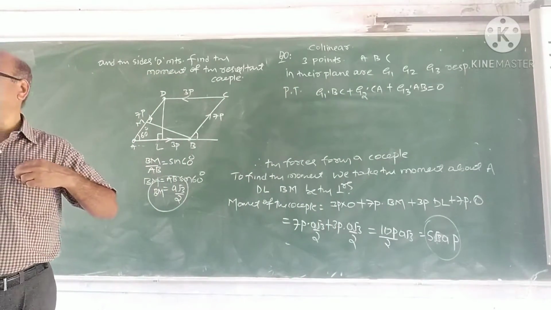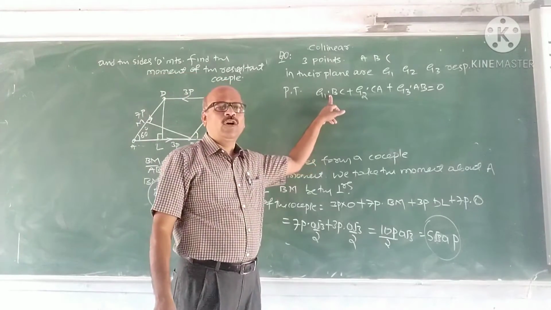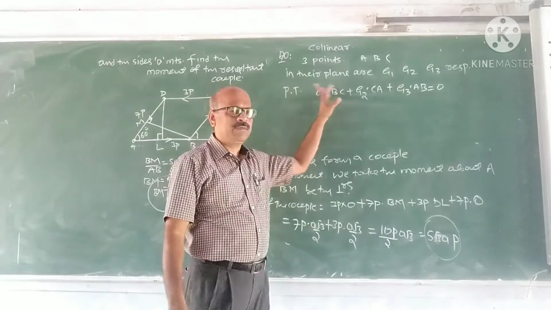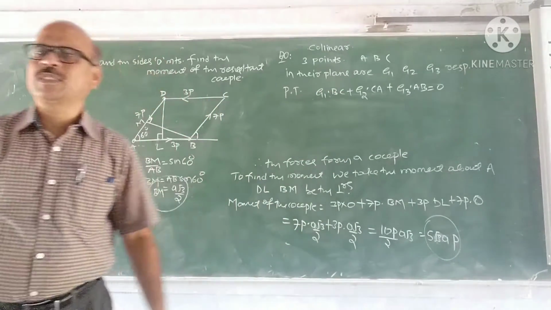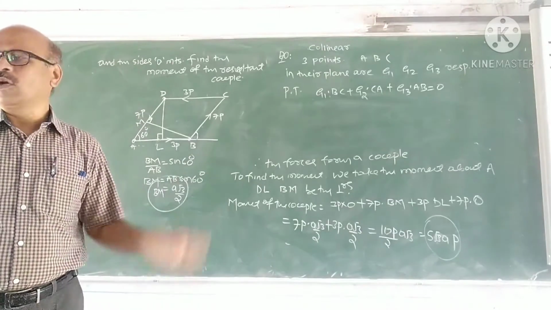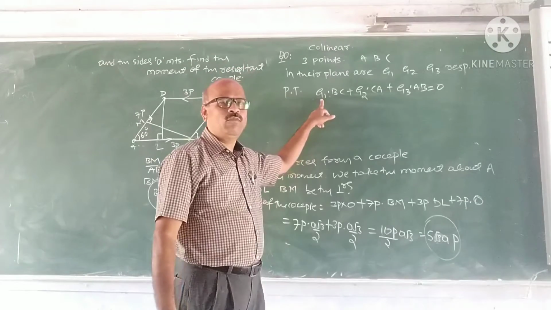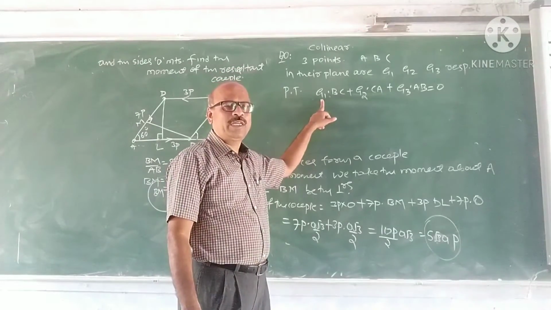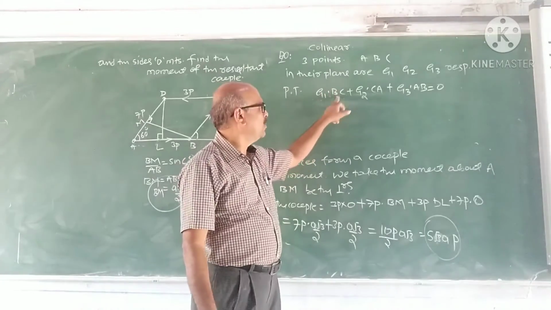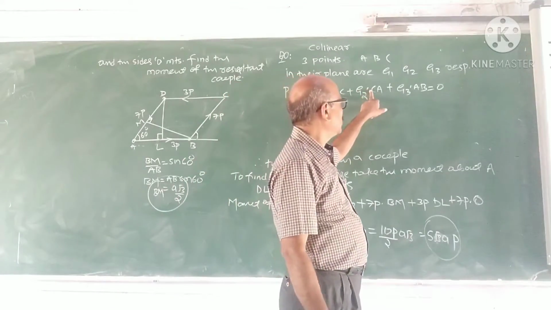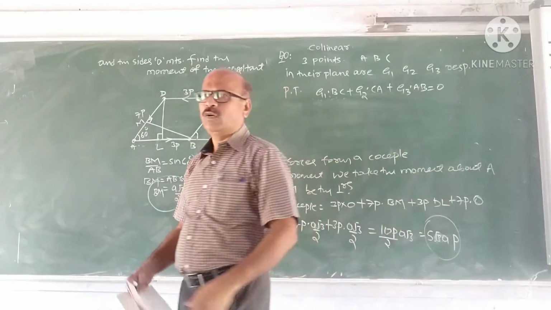First take this problem, I explain. What is this dot here? It is not an ordinary dot, it is the dot product of G1 and BC. You have studied two products of vectors, dot product and cross product. Now G1 is a moment, a vector quantity, and BC is also a vector.